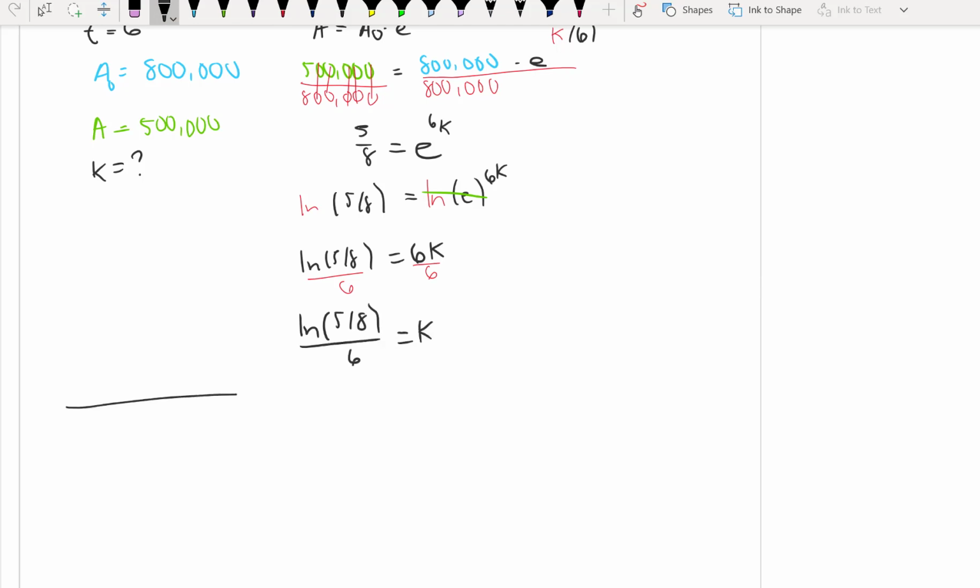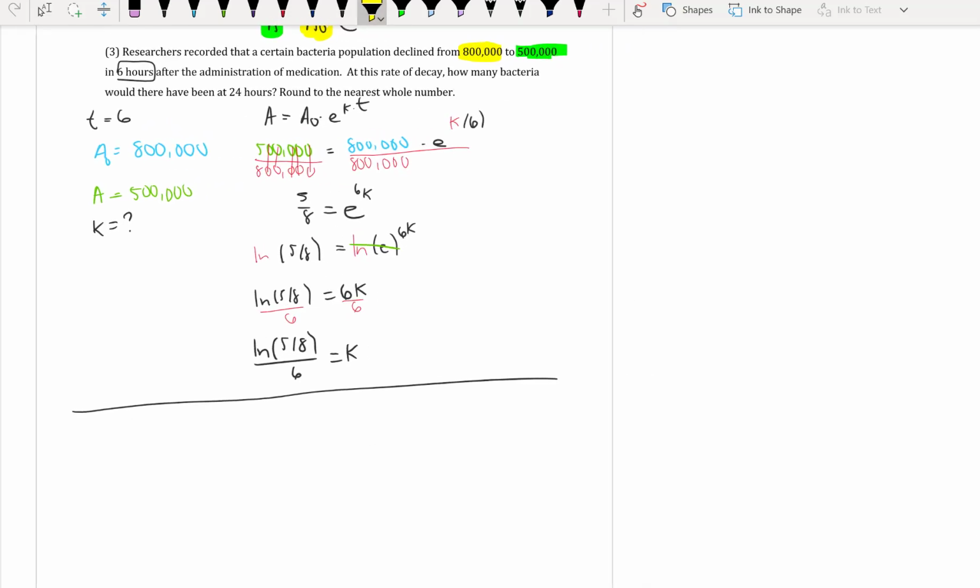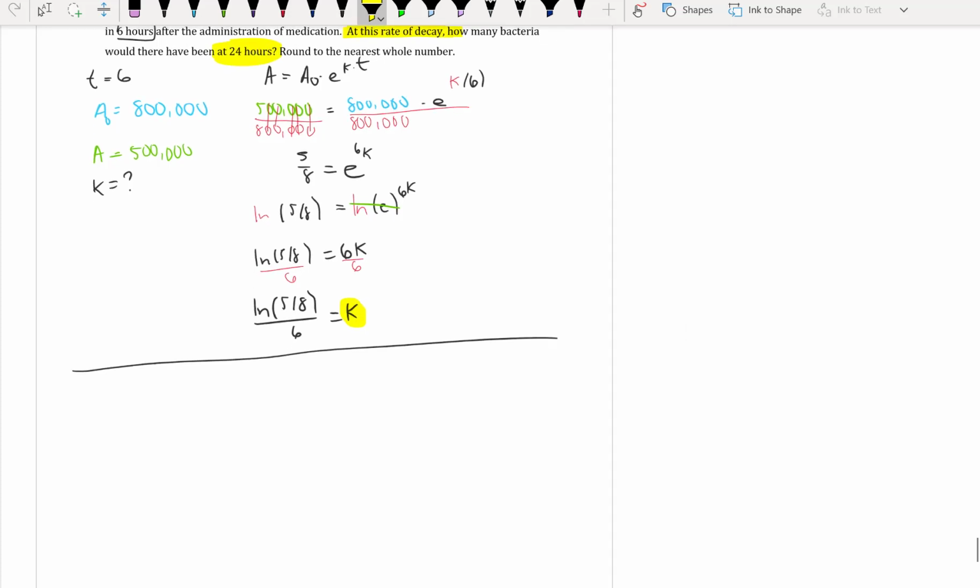is equal to k. So now that I found that k value, I have to answer the second part of this. At this rate of decay, so that's the k, the decay that I have just found, I want to know what happens at this new time. So now this new time is going to be represented as t is equal to 24.